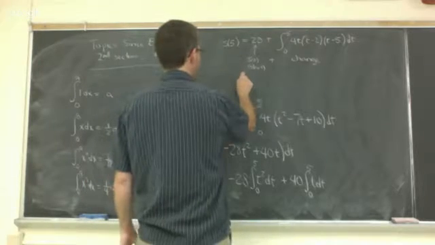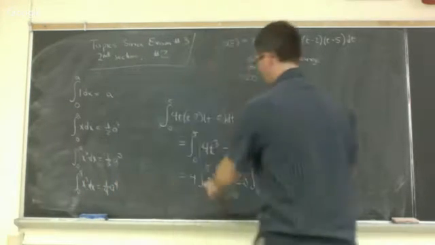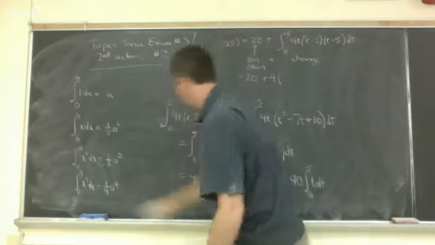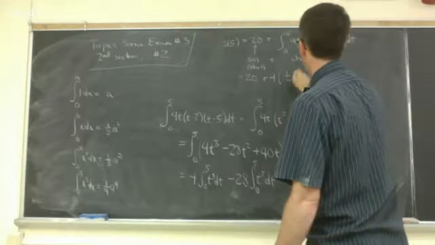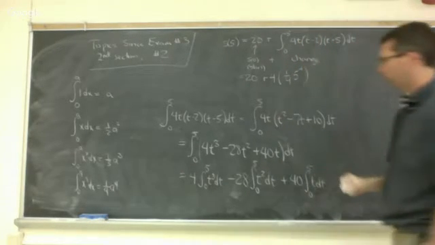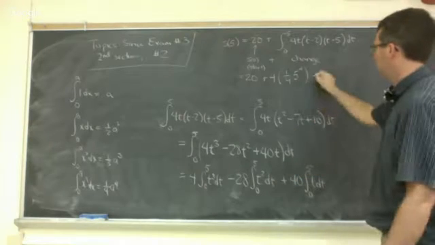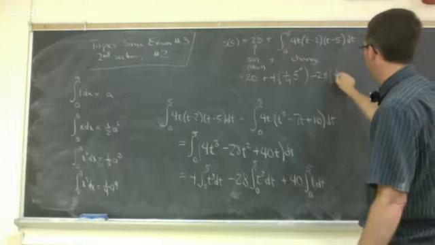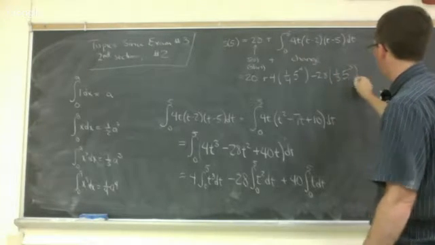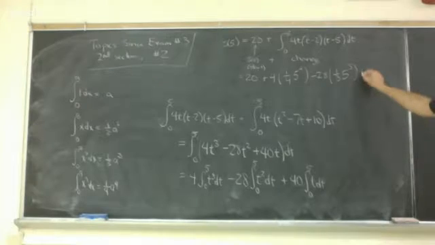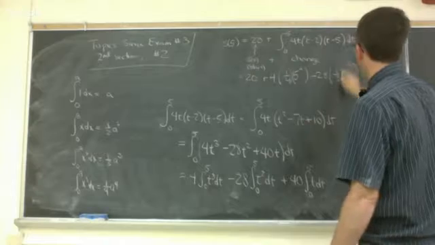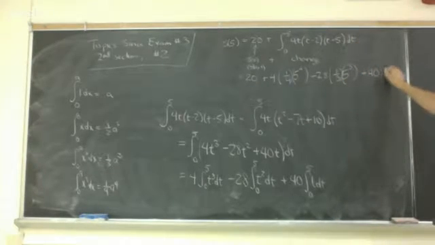So my position is going to be 20 plus 4 times 1/4 of 5 to the 4th, minus 28 times 1/3 of 5 cubed, plus 40. Maybe I should put extra parentheses so it's clear what I'm doing: 40 times a half times 5 squared.